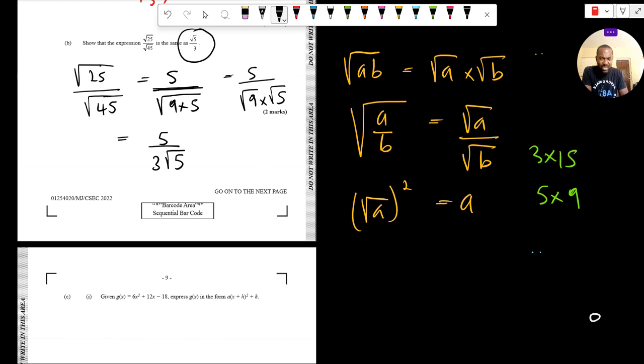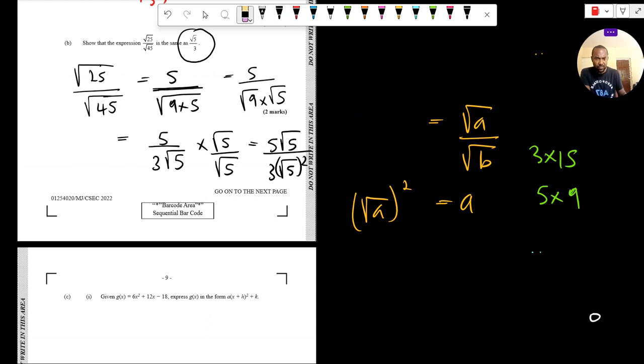So we have to rationalize the denominator by multiplying both numerator and denominator by root 5. This gives us 5 root 5 divided by 3 root 5 squared, and root 5 squared is the same thing as 5.